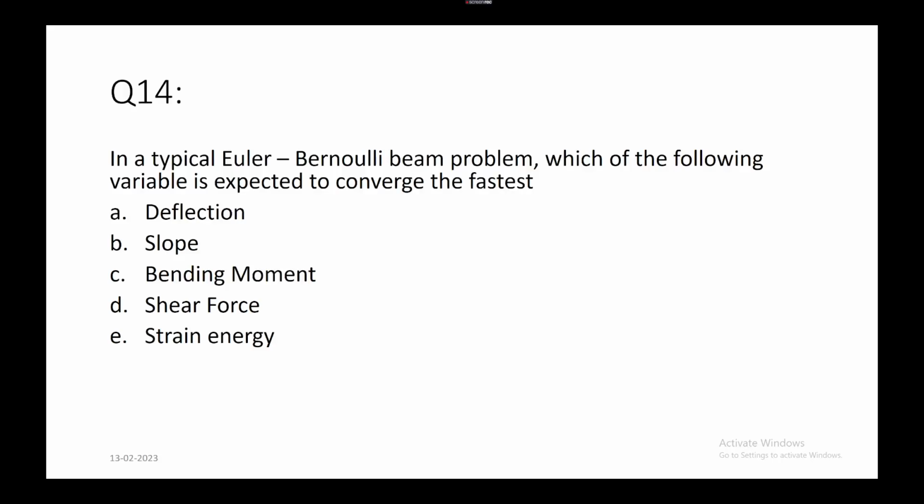You have deflection, slope, bending moment, shear force, and strain energy. Can you take a wild guess? Fastest, as we just saw, usually occurs for the primary variables. So which of the following could be a primary variable? There is deflection, slope, bending moment, shear force, and strain energy.